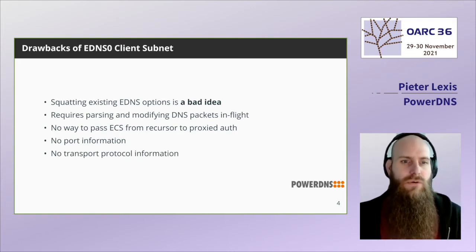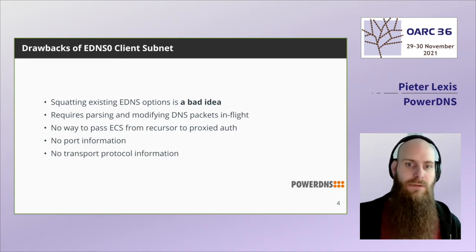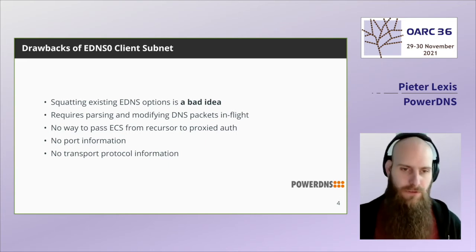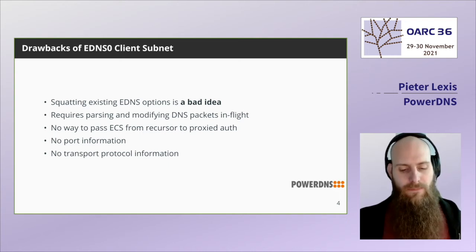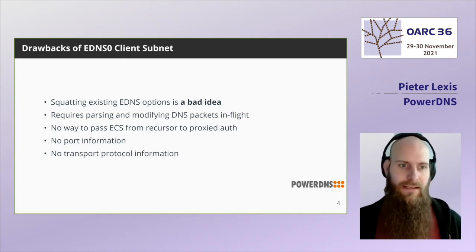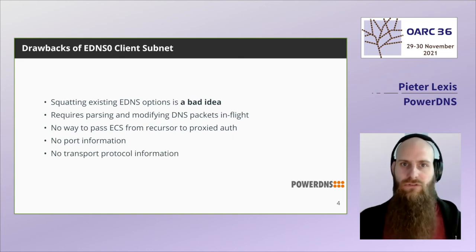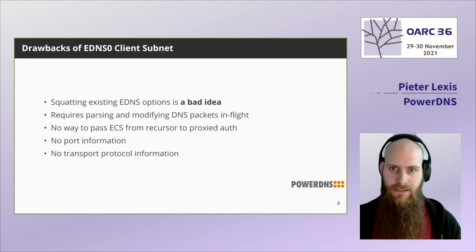There's also no way to then pass EDNS client subnet through your proxy because the proxy has to add its own EDNS client subnet to the auth in the backend. There's no port information in there, and there's also no transport protocol information, of course, in EDNS client subnet.